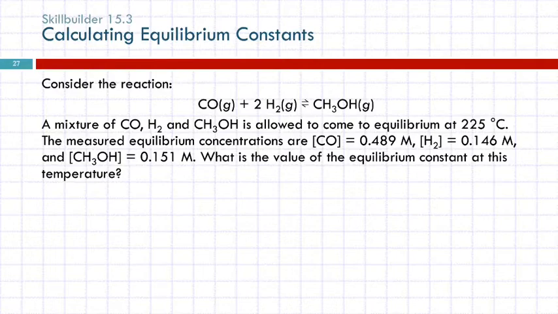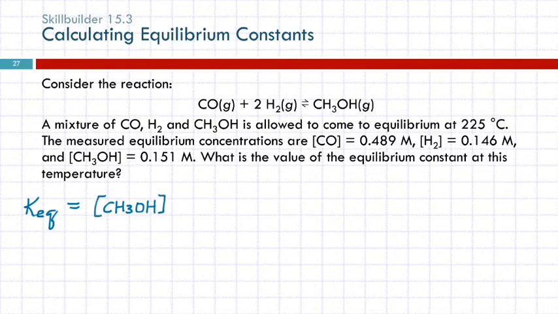So we write the expression, and then we put the numbers in and calculate the constant. So KEQ equals, we've got the reactant on the bottom and the product on the top. CH3OH, the concentration of that.